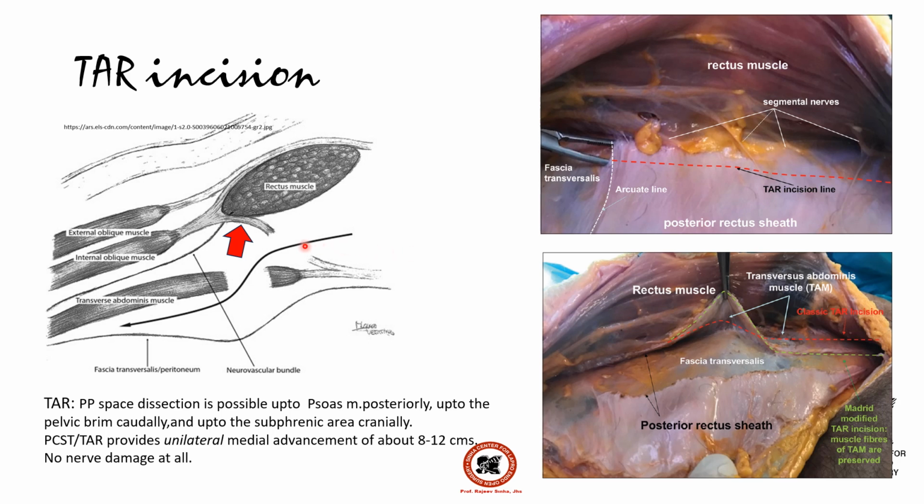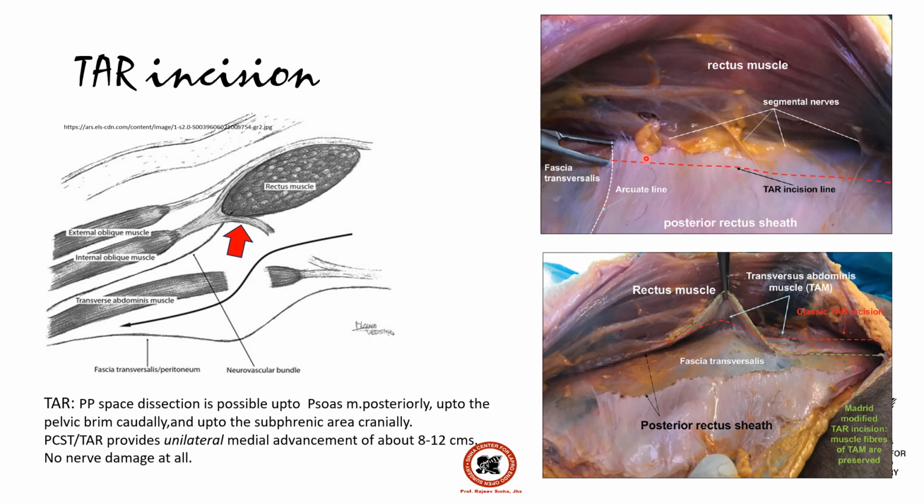But once you go through this layer and enter in between the layer of the fascia transversalis and peritoneum and the transversus abdominis, this is the plane. If you enter this plane, then you are doing a TAR procedure. So when we spoke about the neurovascular bundle entering the rectus, this is the undersurface of the rectus muscle. There is a posterior rectus sheath.